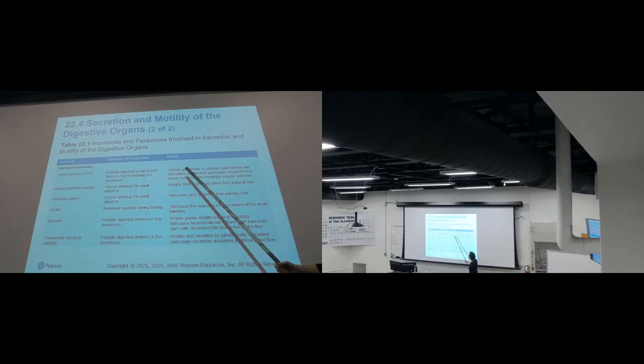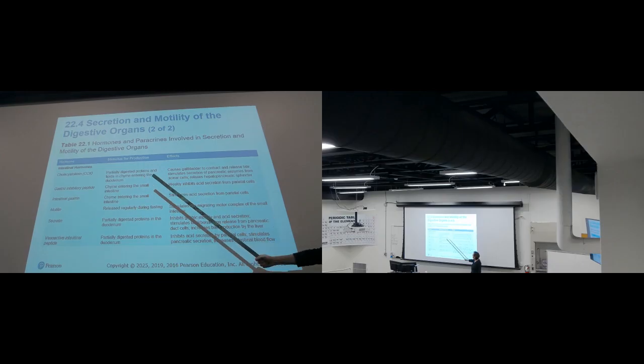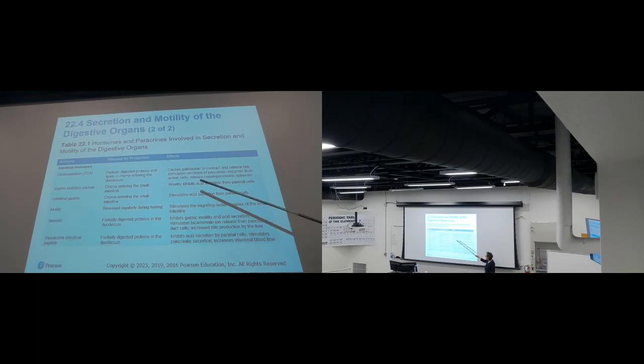Partially digested proteins also stimulate the release of CCK, helping to relax this sphincter that not only helps the bile to be released from the gallbladder, but also enzymes from the pancreas to start breaking down the lipids, like pancreatic lipase, and also some of the proenzymes like trypsin and chymotrypsin. So CCK, it's an important hormone.